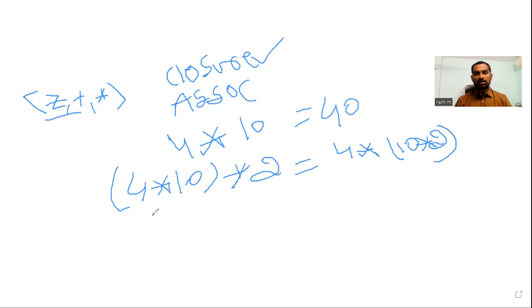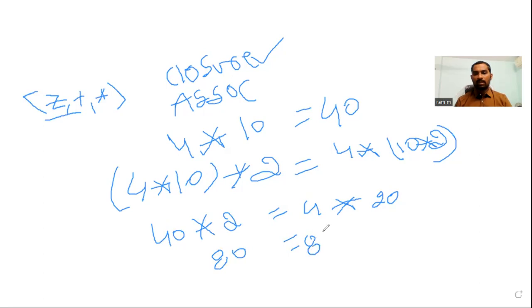Star is multiplication, so 4 into 10 is 40, and then multiplying with 2 gives 80. On the other side, 10 multiplied by 2 is 20, and 4 into 20 is also 80. So the second operation also satisfies the first two properties, the closure property and the associative property.